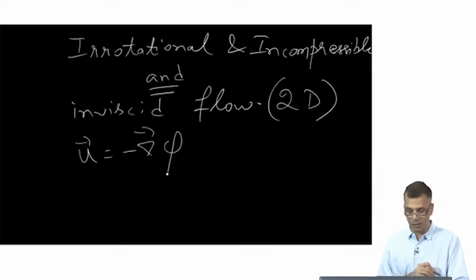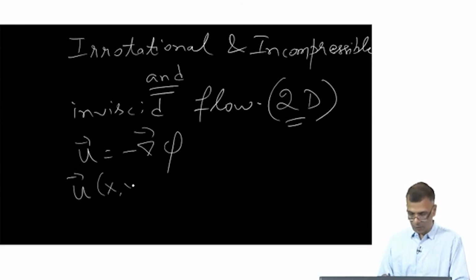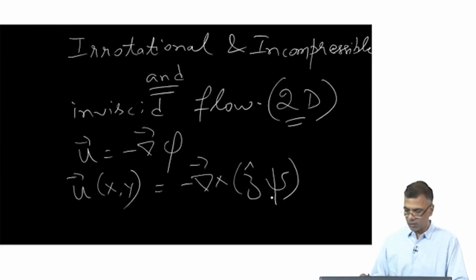gradient of a scalar velocity potential, and especially for 2D flows, we can also express the velocity, since it's 2D I'll explicitly write this as xy, as the curl of something called a stream function.